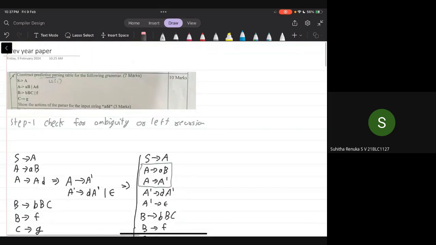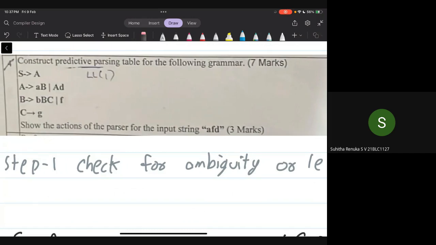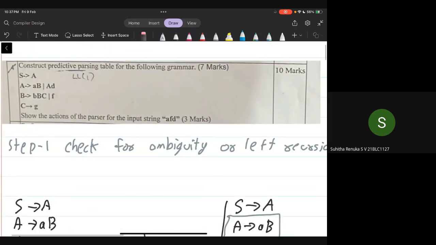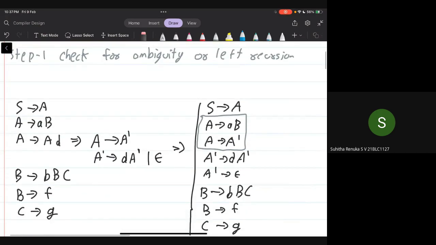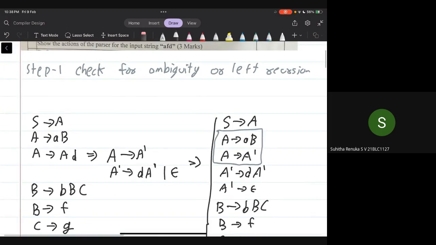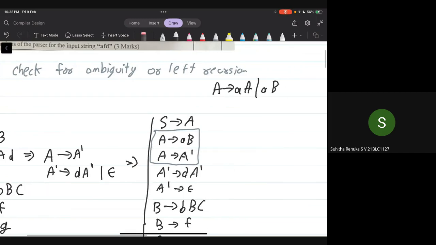You have this thing. You have to find the predictive parsing table for this grammar. So first you'll check for either ambiguity and left recursion. What is ambiguity? Ambiguity is either A goes to A or A B. So there is this A common, right?